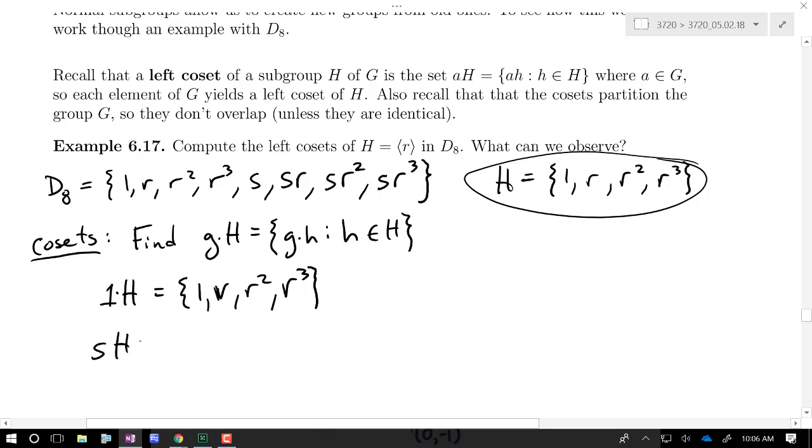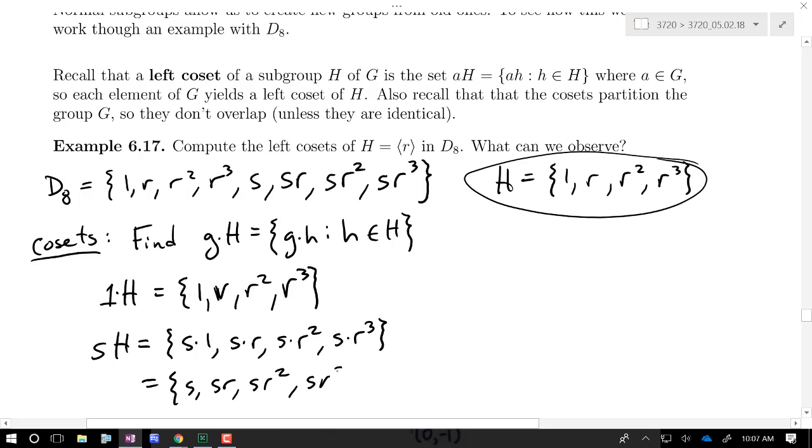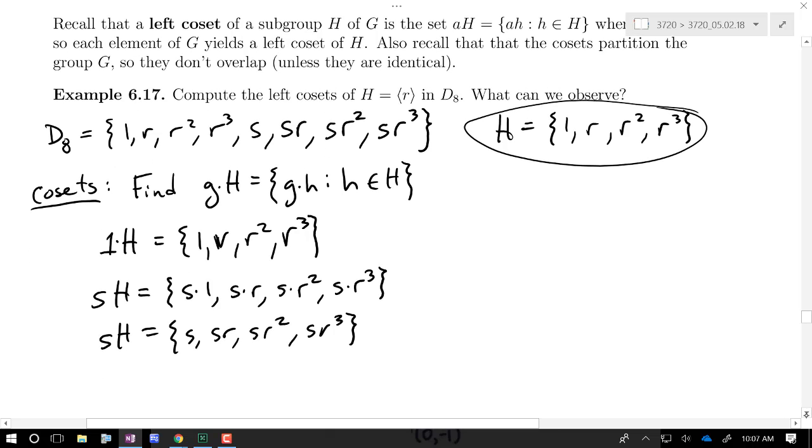So for the S coset, I'm going to take S and multiply it by each one of these. S times 1, S times R, S times R squared, S times R cubed. And of course, that quite immediately gets us this coset: S, SR, SR squared, SR cubed. Are there any other cosets that we have not found?